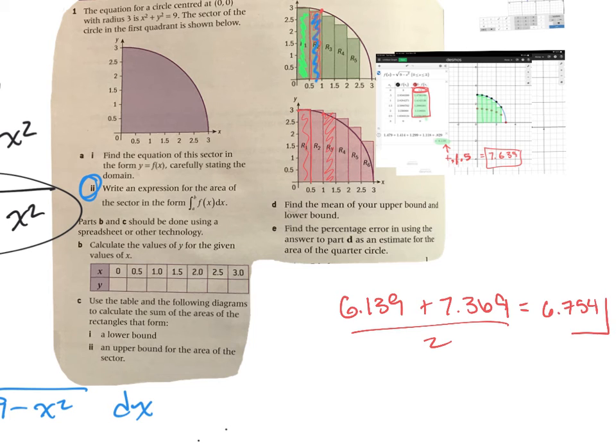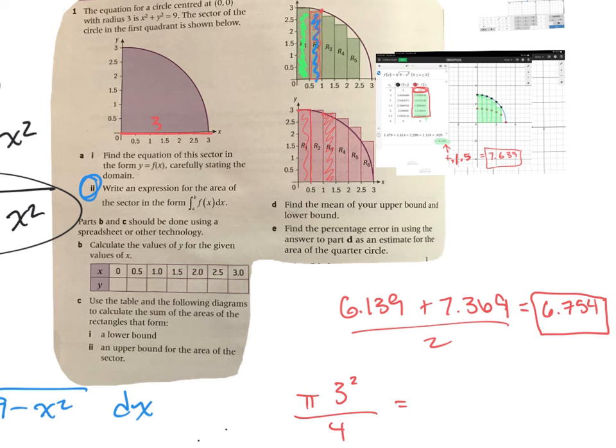And then we're going to find the mean, so I'm just going to average those two, which ends up getting us 6.754. And then it wants us to find the percent error by actually evaluating it, which is not so bad. Since this is a quarter circle, one way to do this is to take the radius of 3, so pi times r squared divided by 4, because there are 4 parts of the circle.